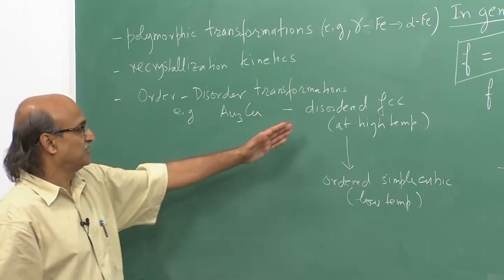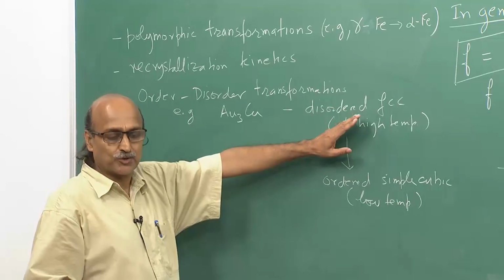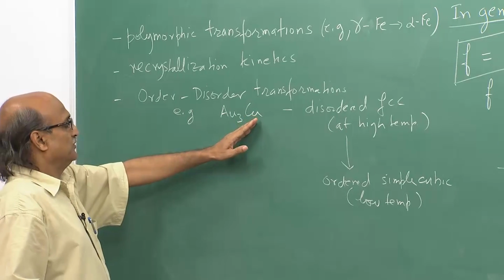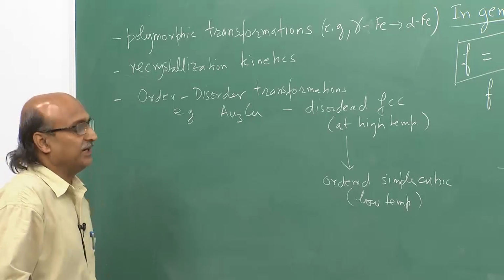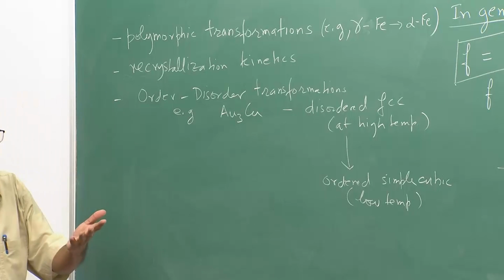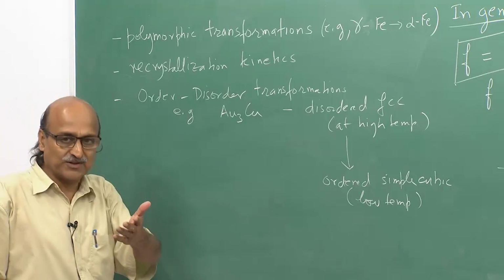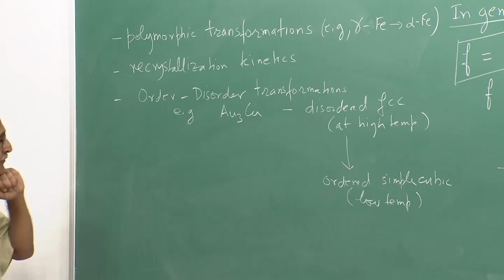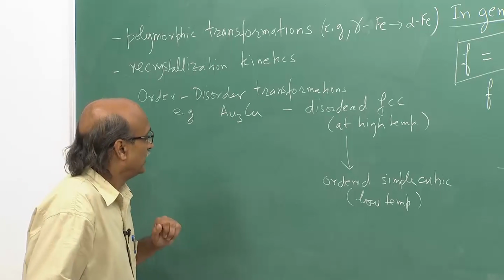Disordered FCC implies basically that it is a face centered cubic structure where gold or copper atoms can be at any of the lattice points, whether it is a face center lattice point or a corner lattice point of the cubic unit cell.